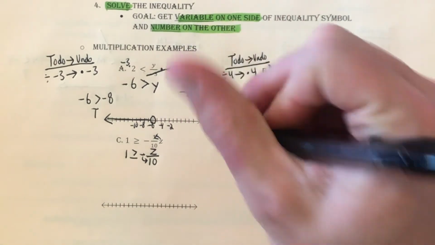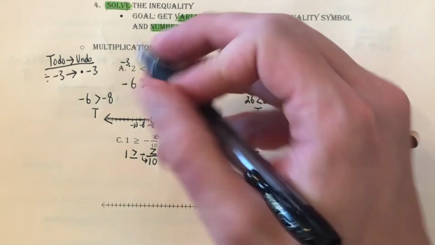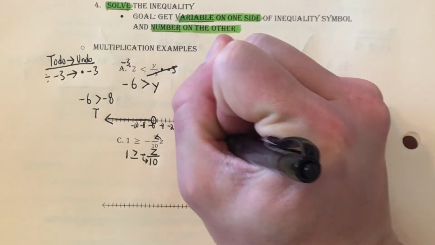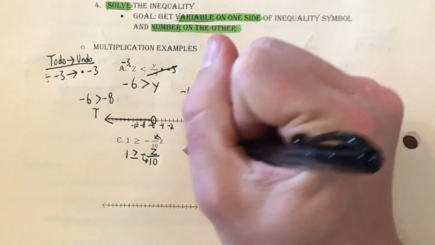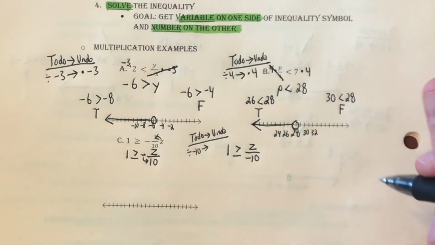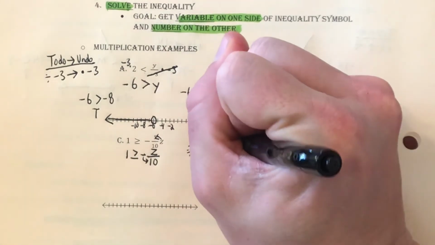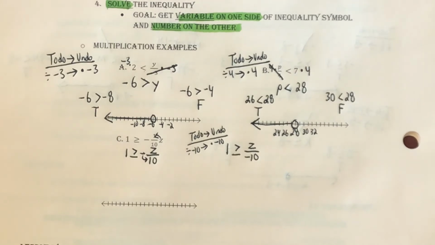So where's our variable? Well, it's here, it's z, and it's being divided by -10. So in my to-undo list, I've got they were dividing by -10. So to undo that, I need to multiply by -10. So there is my step to solve.